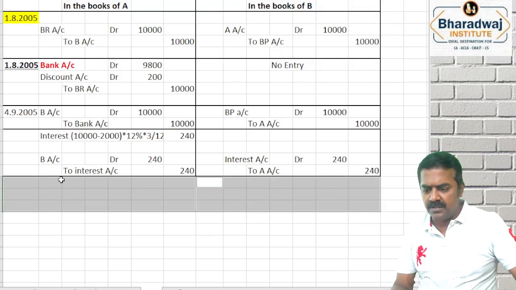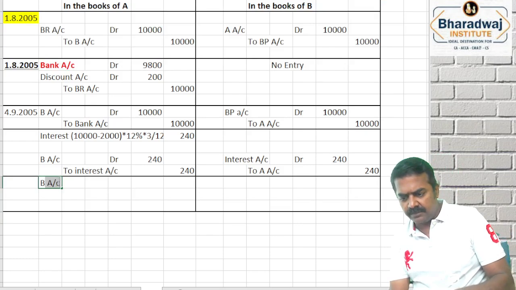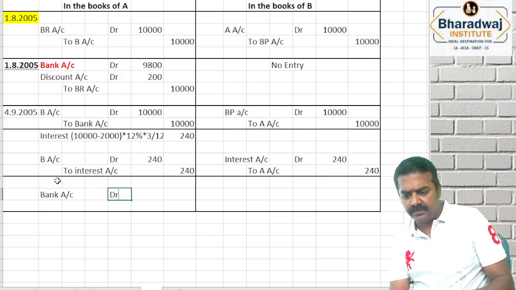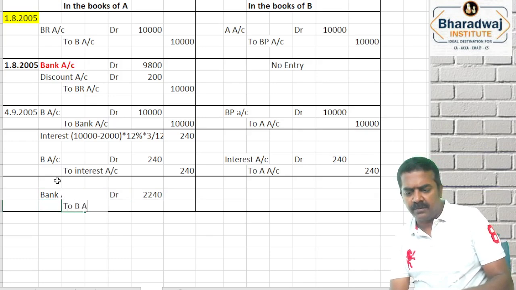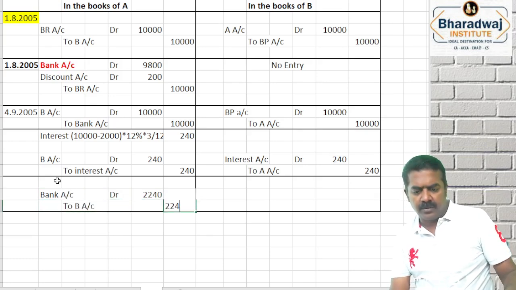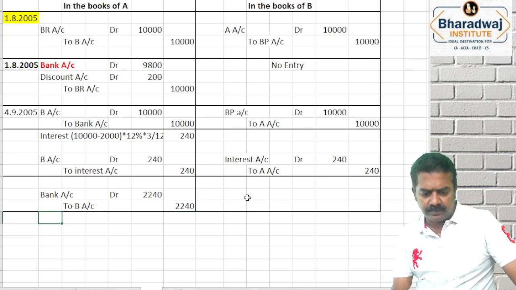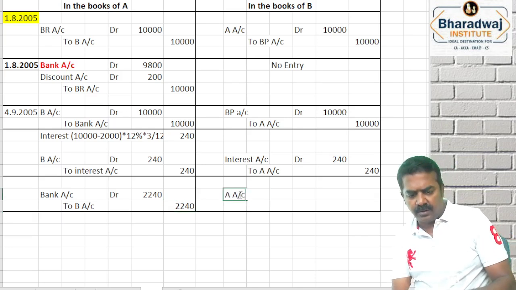The 2,000 rupees. What is the entry that will pass? Bank account debit, 2,240 to B account. You can put cash account also, no problem. A account debit to bank.